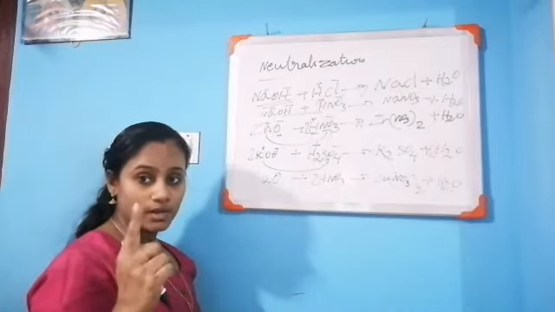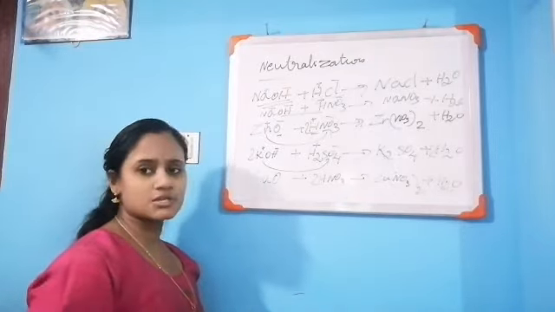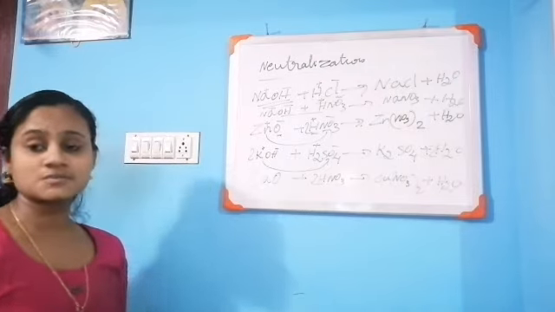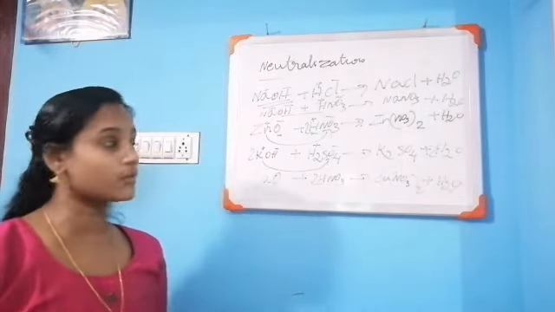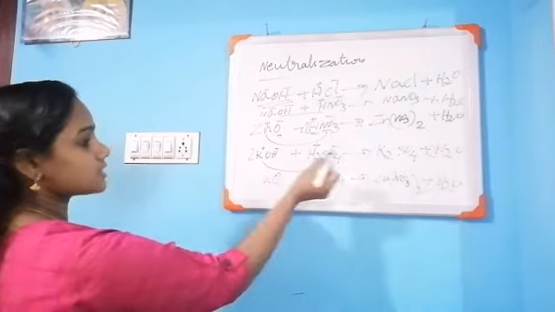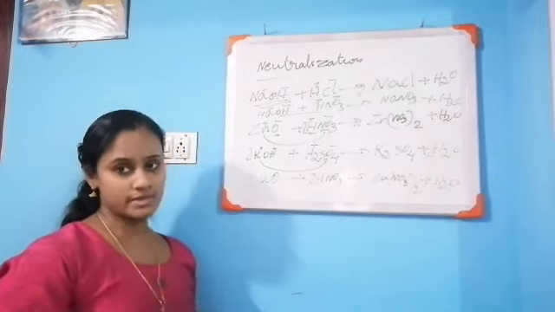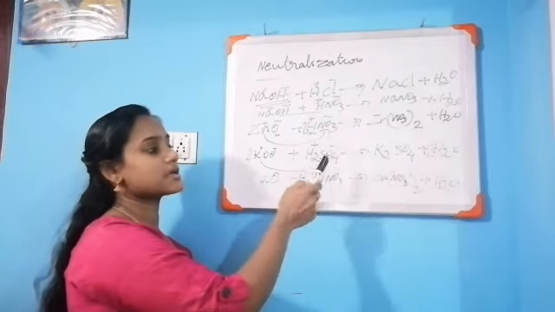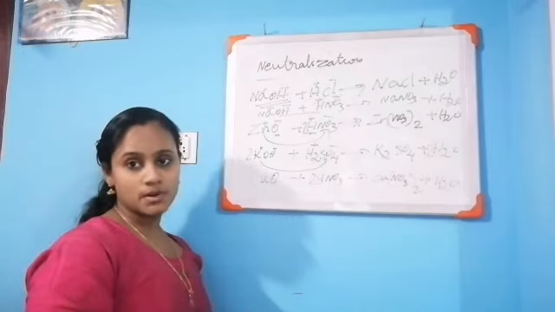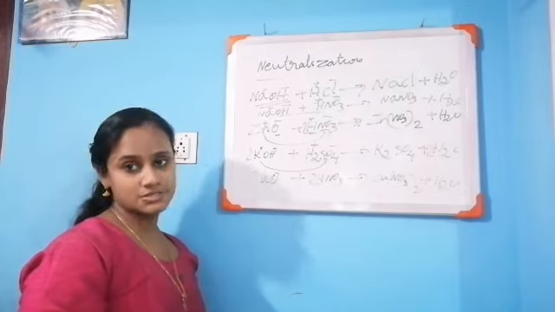Potassium valency 1, so no need to write it under sulfate. The formula of potassium sulfate is K2SO4, and hydrogen and oxygen combine to form water. This type of reaction is called a neutralization reaction. Base and acid combine to form salt and water.